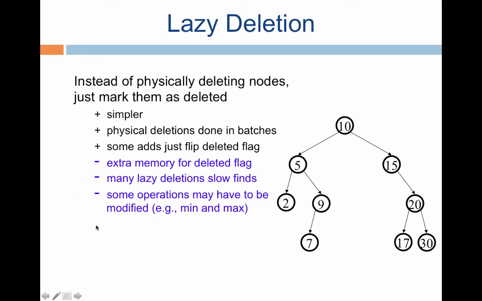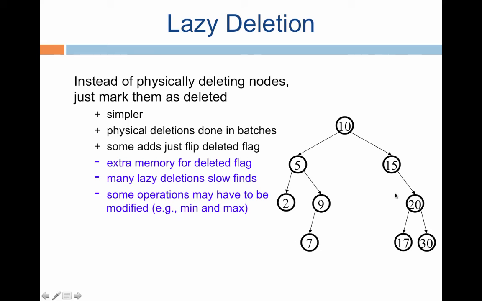The minus points, or the negative points, are that you have to maintain an additional bit or an additional flag for whether something has to be deleted or not. Because you have this additional flag, if you want to do a find, you will have to check the value of the flag. And you might have to change some of the pieces of code that you've already written for min and max.